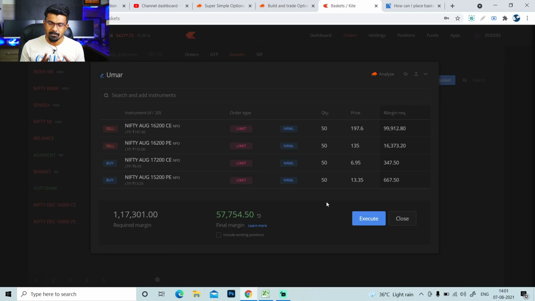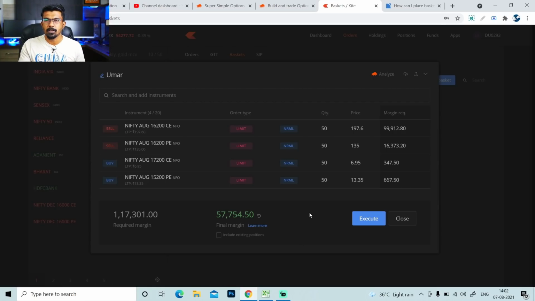But it's okay, because you will be able to sell extra lots. In this scenario, one lot is costing around 57,000 rupees. Had you not bought the 17,200 call and 15,200 put, your margin would be around 1 lakh rupees, right?